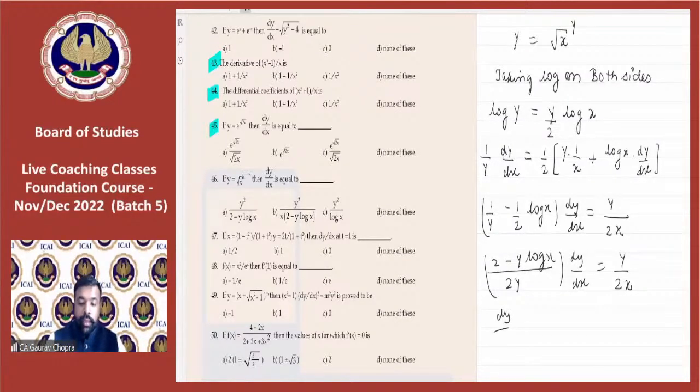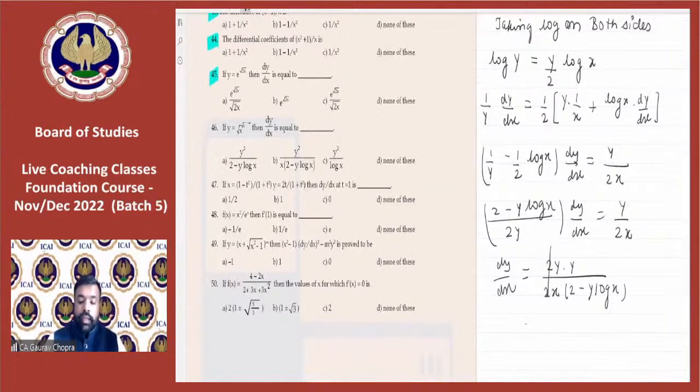So dy by dx is equal to 2y into y upon 2x and then 2 minus y log of x. 2 is getting cancelled and we are getting y square upon x, then multiply by 2 minus y log of x. And now we can see which option is getting matched. So option number B. Yes, B is the correct answer. Okay.